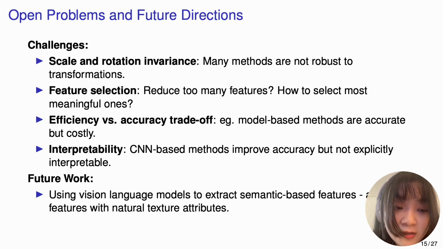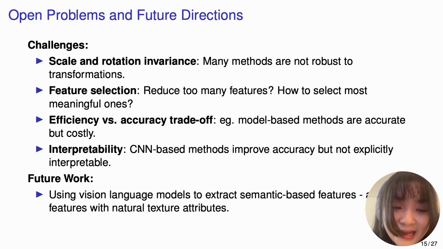And finally, interpretability. Because we haven't covered the CNN-based methods here, obviously CNN-based methods can improve the accuracy and efficiency by training, but they are not explicitly interpretable. We don't know what happened, we just apply several layers of convolution and then get the results.